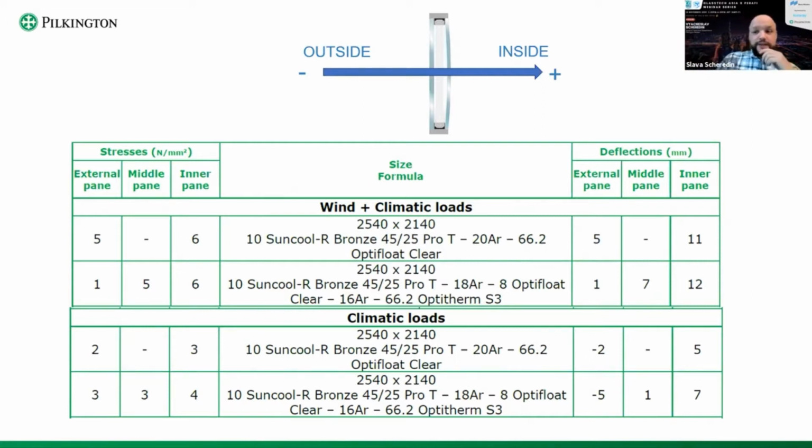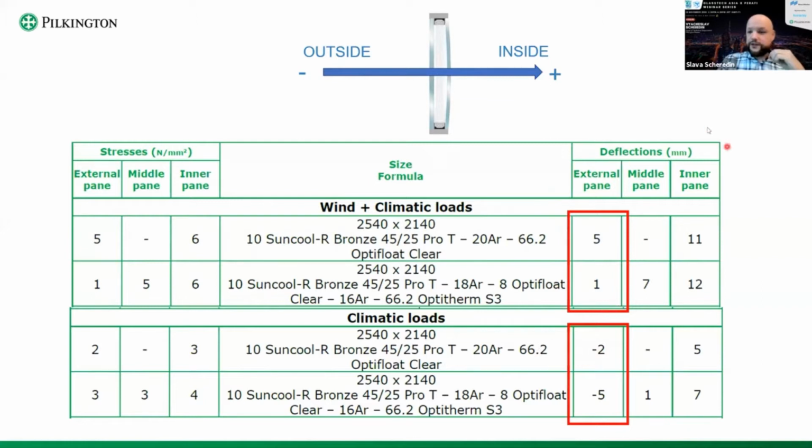And the thing is that if we look at the bending of the outer glass, because the outermost glass gives us the impression of the facade, when we take maximum loads and usual loads, the results are extremely different. You can see it on the slide.